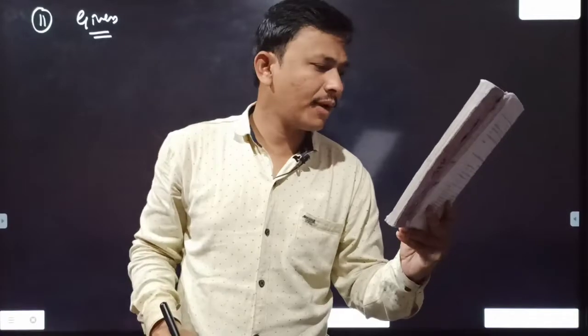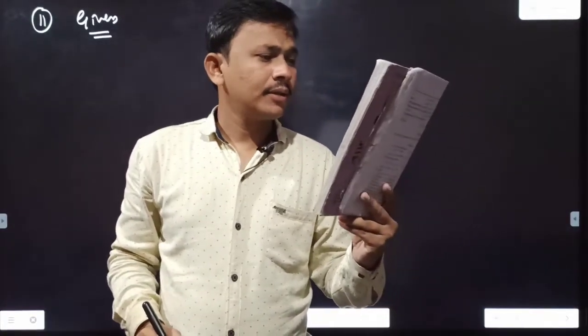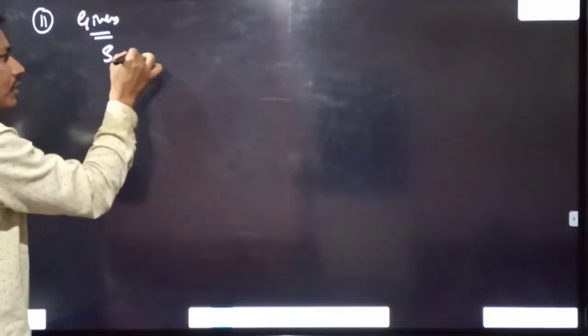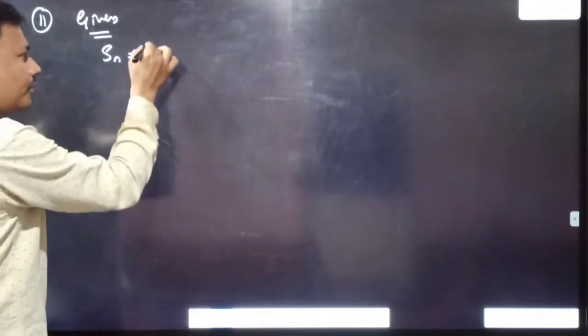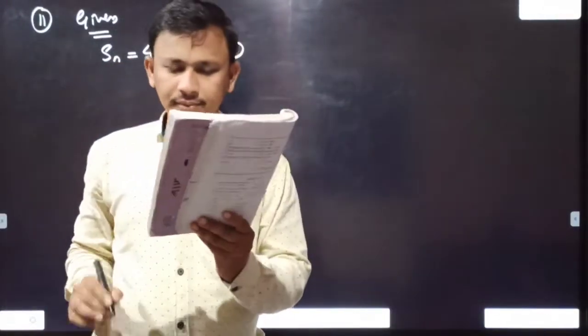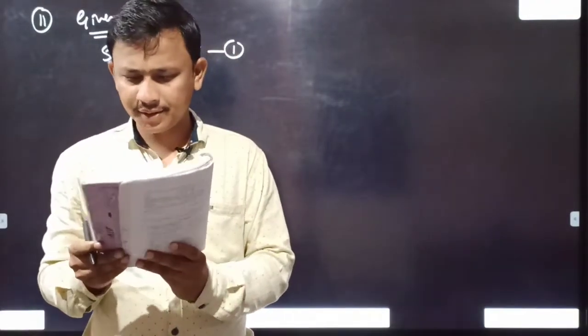What are the given things here? Given thing number 1: the sum of n terms, that is Sn. Sn is equal to 4n minus n square. Equation number 1. Next, what we need to find out?